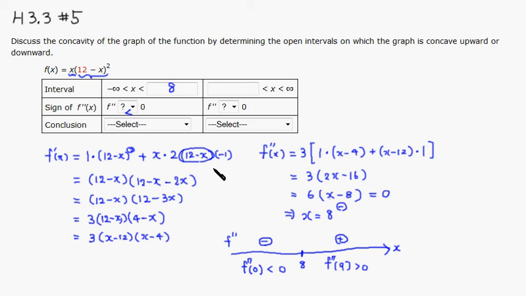Therefore, with the second derivative negative, you have a concave down shape. On the interval from 8 to positive infinity, the second derivative is positive, so you have a concave upward shape.